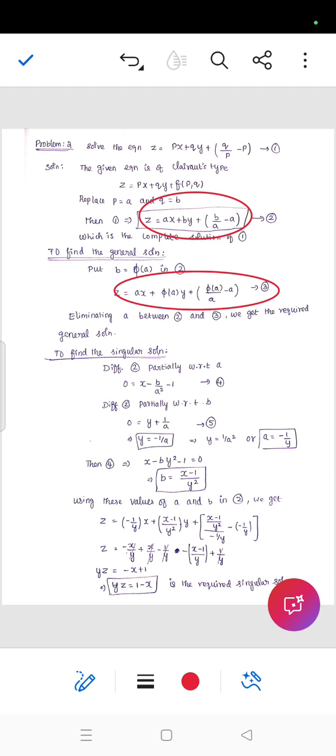So substituting all this into the complete solution 2, we will get z in terms of x and y, that is y z equal to 1 minus x. So substituting all these equations and simplifying, we are getting the singular solution as y z equal to 1 by x, 1 minus x. So here notice that there are no arbitrary functions and arbitrary constants. So this is what the Clairaut's type of problem is.